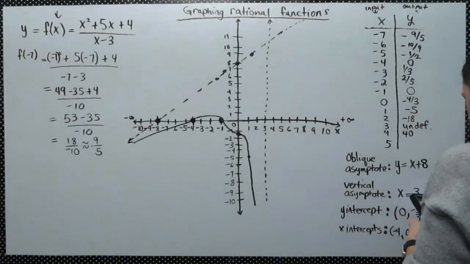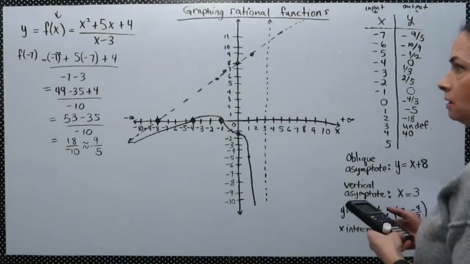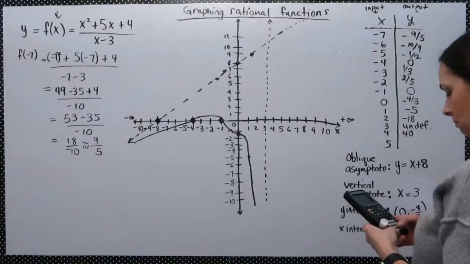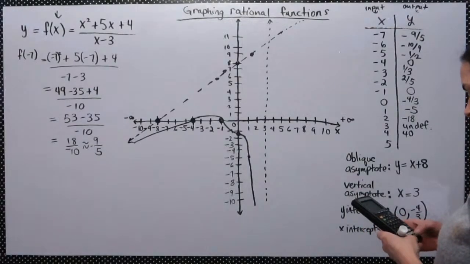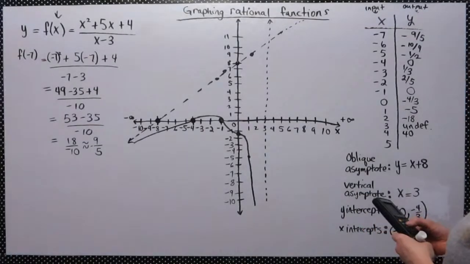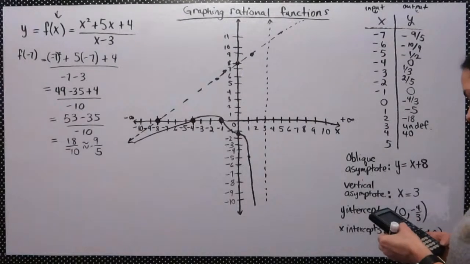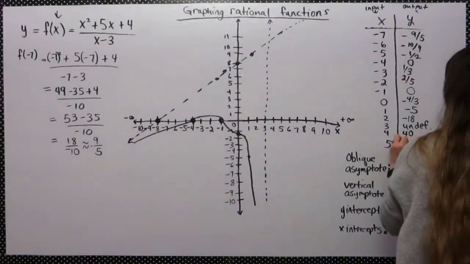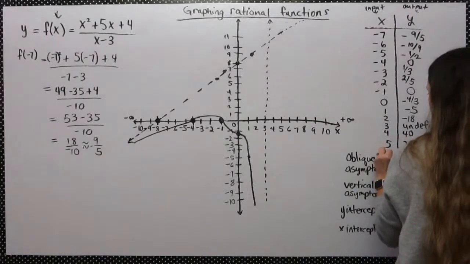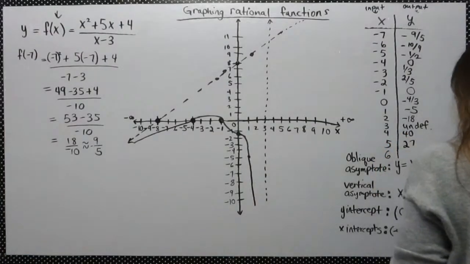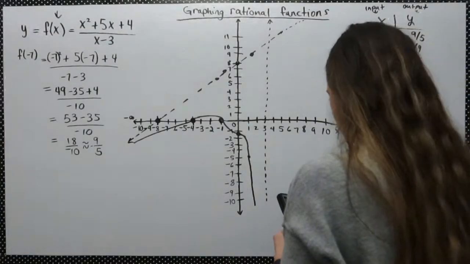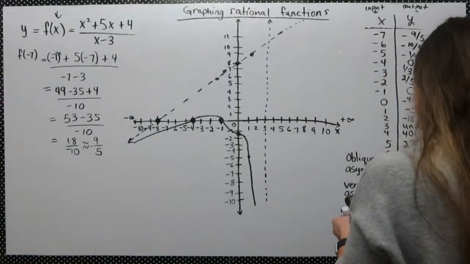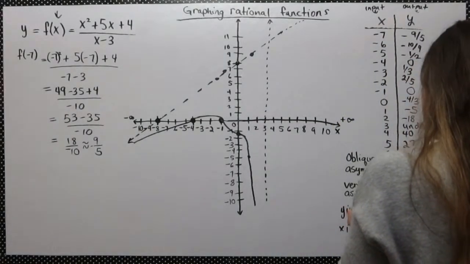But by the time we get to 5, it's at 27. Here, let's check 6, just for fun. 6 store for x is at 23.